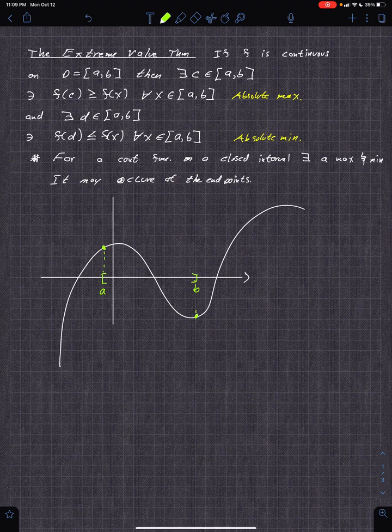It may be the endpoint. So the way I drew it, maybe it's this guy here. Maybe it's B again. f of B is less than everything else. Let's just pretend that's how I drew it. Put it down here. And then maybe something over here is the maximum. Maybe this goes up like this, and it's the maximum.